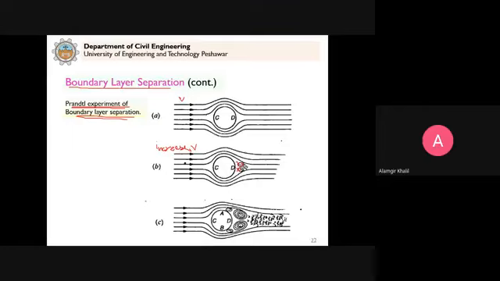And if you further increase velocity, then these vortices become more and more prominent. You can see here. And you see that from D, these vortices have shifted towards A and B. So this was a simple experiment conducted to visualize the boundary layer separation.